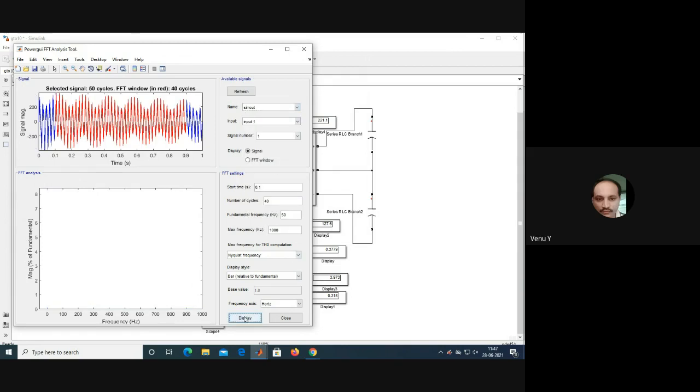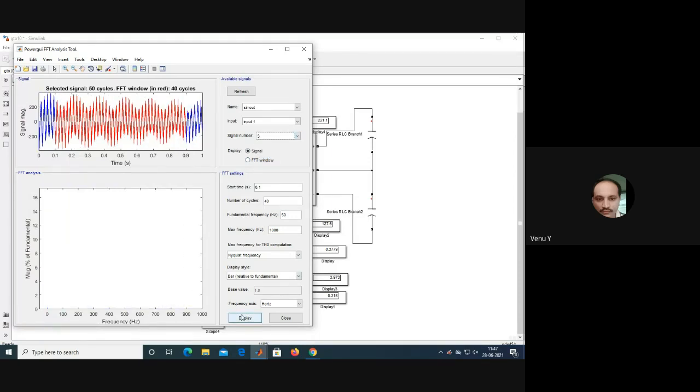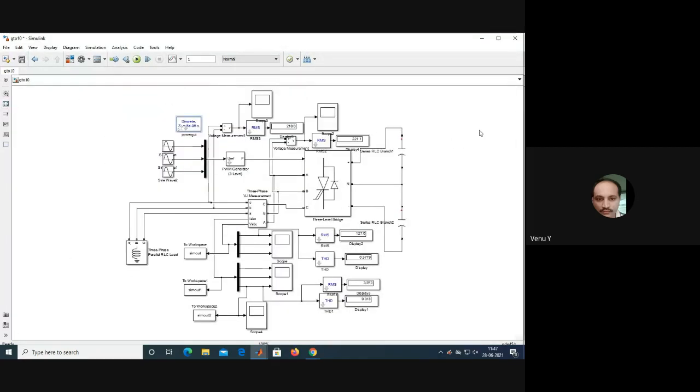This is the voltage wave, 40.18, second one 38.22, 38.25. So anyhow, harmonics are present. Voltage harmonics always present. Maybe sometimes for reactive load, current harmonics may be eliminated. So therefore, we need to go for a filter.